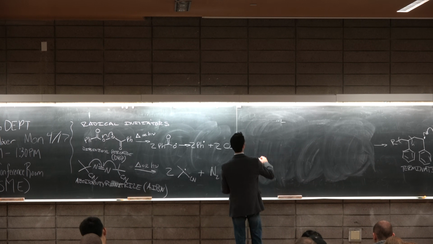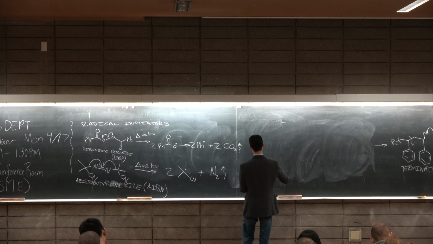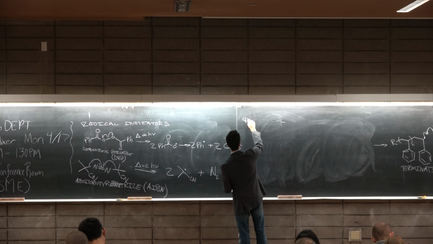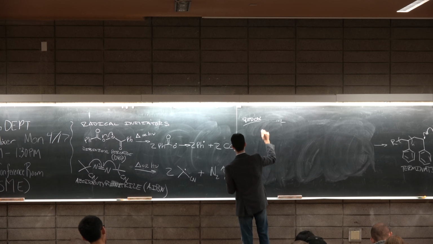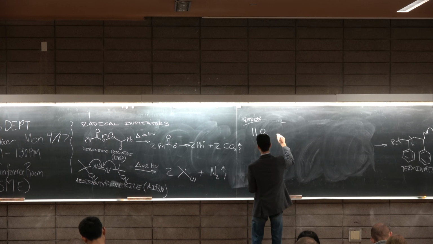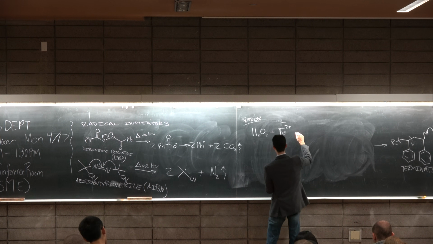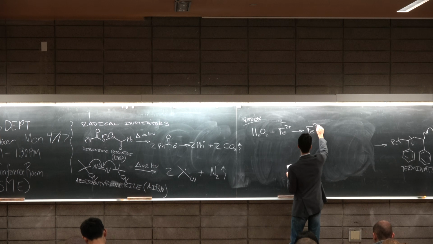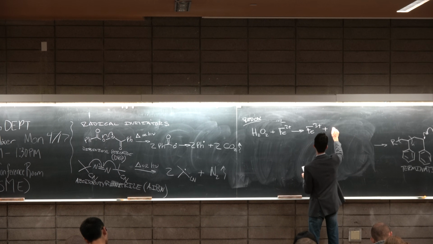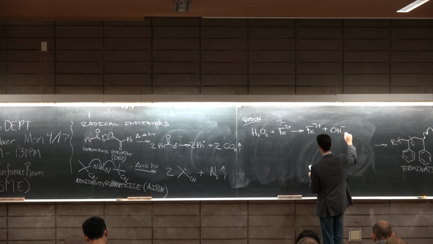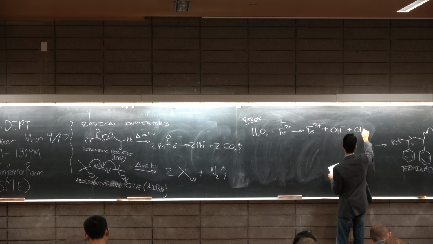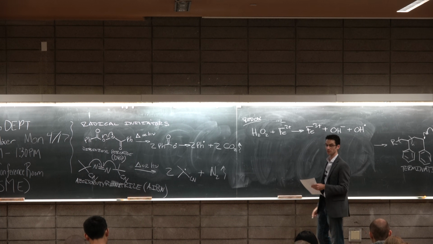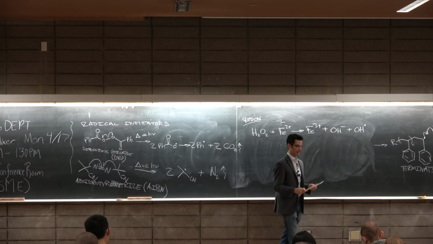Okay, one more. We can also have a redox reaction. So an oxidation-reduction reaction where we have hydrogen peroxide plus Fe2+ gives us Fe3+ plus OH- plus the hydroxide radical, which is what initiates the reaction.